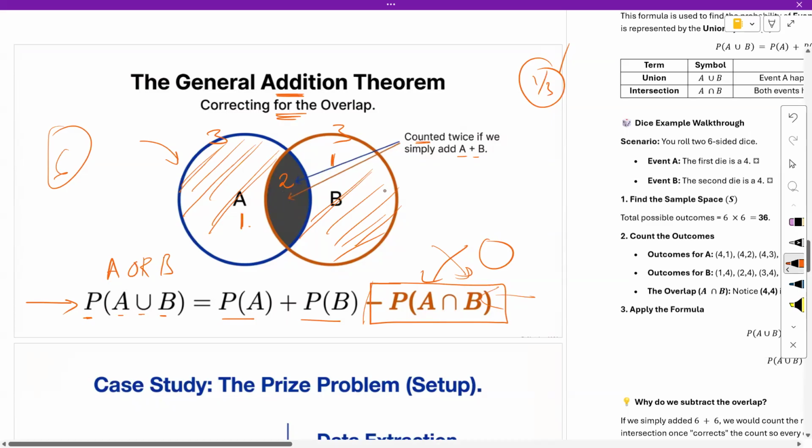Equal to the whole area? Equal to 4. You already said 6. That's wrong. 3 plus 3 equals 6, that's wrong because that's a common area. These 2 are counted 2 times.